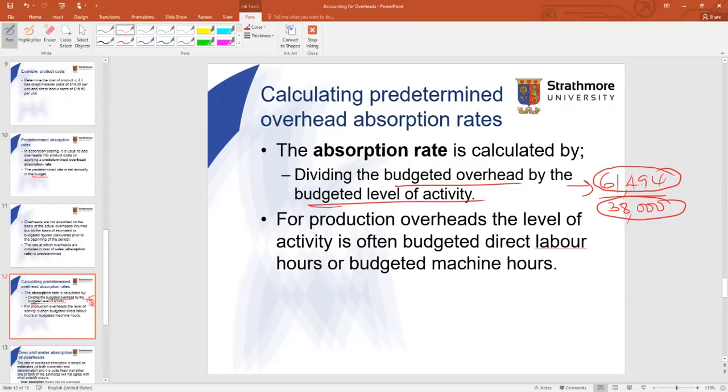The activity is mostly machine hours or labor hours. For production overhead, the level of activity is often budgeted labor hours, as you mentioned, or budgeted machine hours. That is the common way of absorbing the overheads.